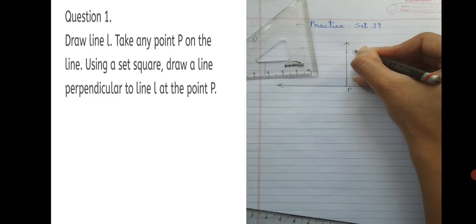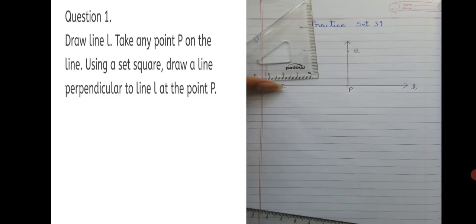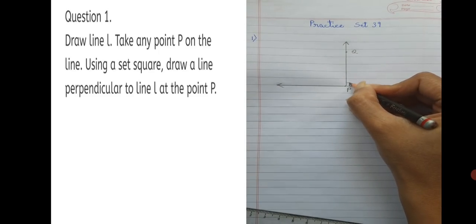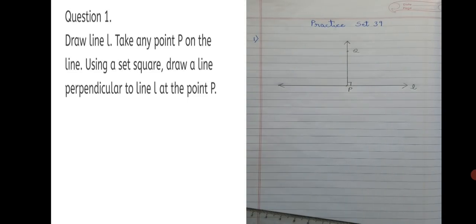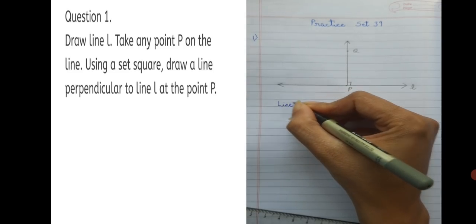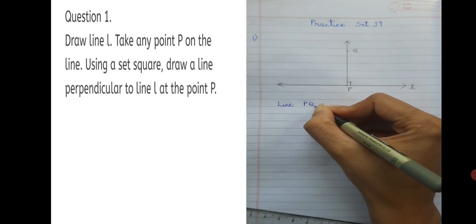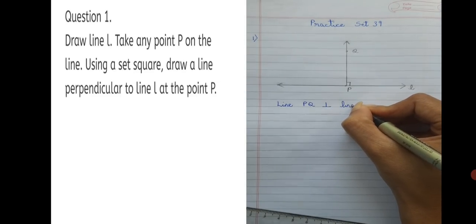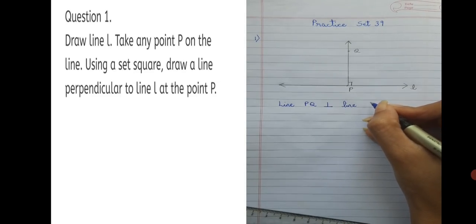You can either extend the line downwards or stop at point P. We name the other end as point Q. So we can say now that PQ is perpendicular to line L. So write down line PQ is perpendicular to line L.